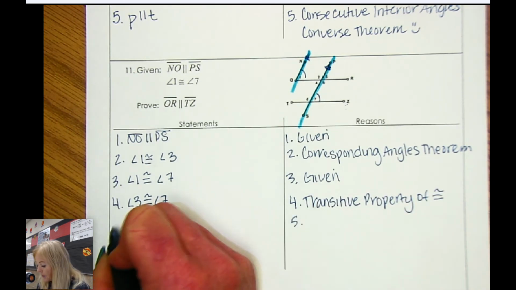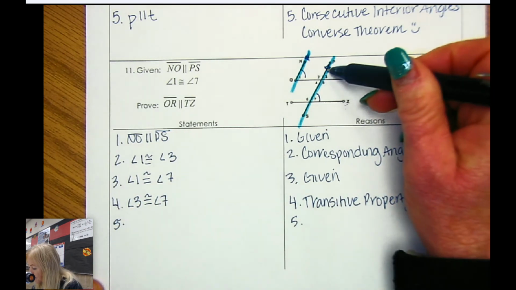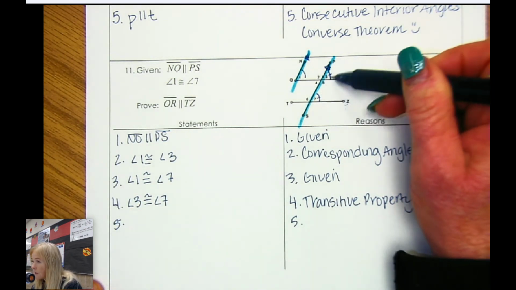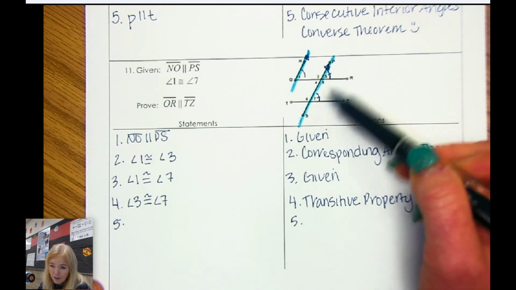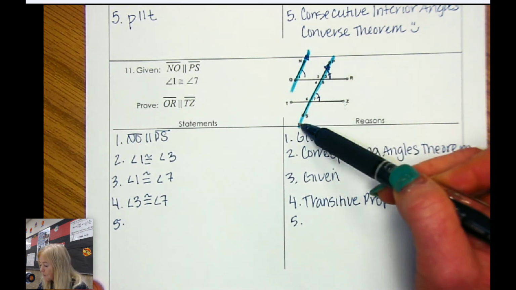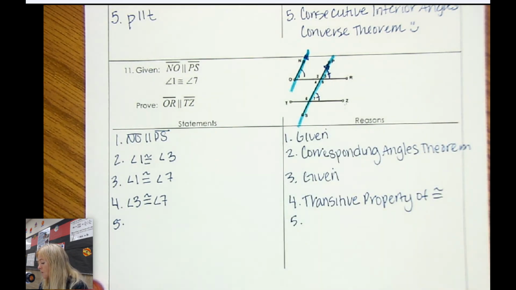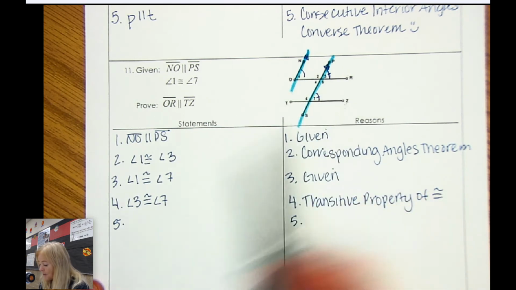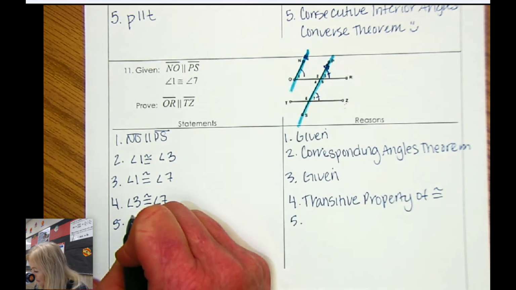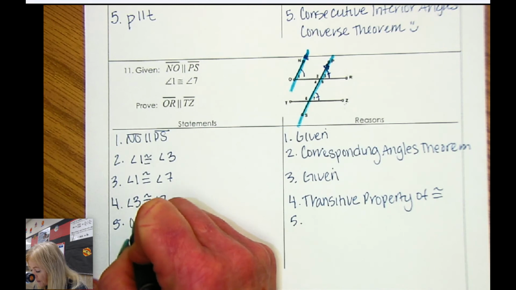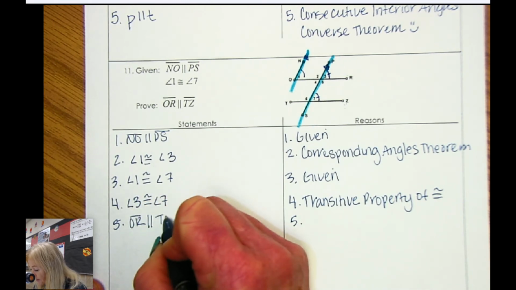And then last but not least, because 3 and 7 are congruent, they are corresponding angles attached to the transversal, stating that OR and TZ must be parallel. So we're going to say that OR is parallel to TZ.